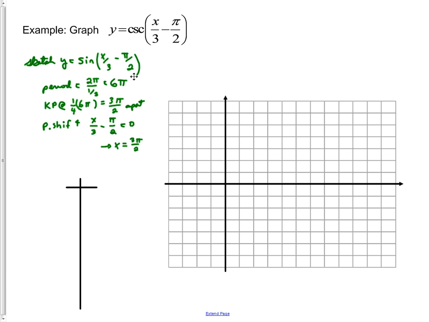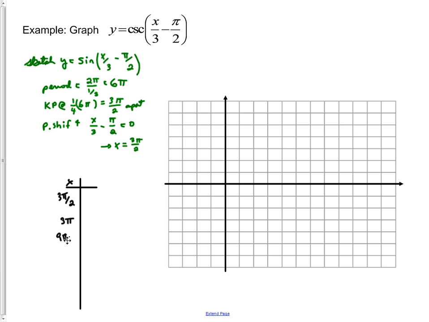In our graph, that's going to give us a starting point for our x values. Our x values, at least within one cycle, are going to start at 3 pi over 2, and each of the key points themselves are going to be spaced 3 pi over 2 apart. So 3 pi over 2 plus 3 pi over 2 is 3 pi. Plus 3 pi over 2 gives us 9 pi over 2.